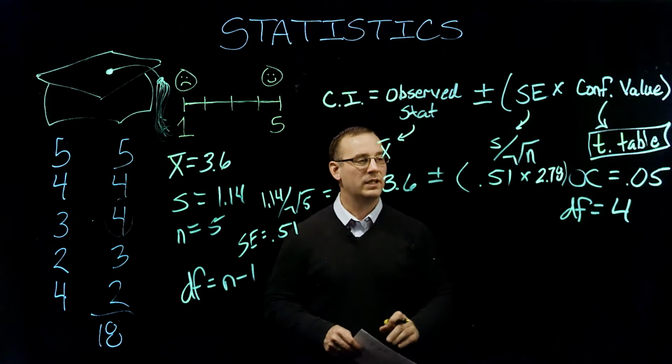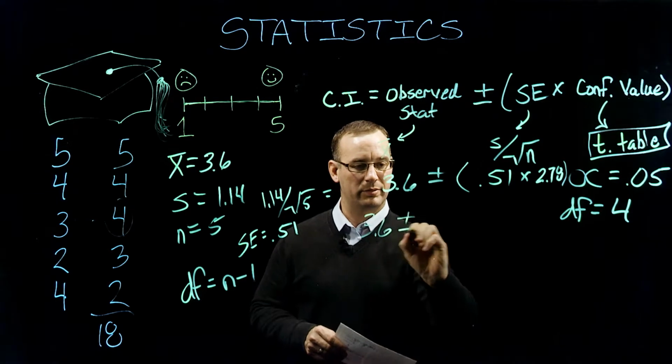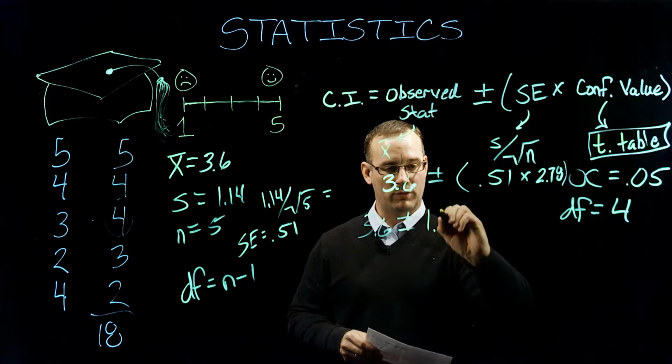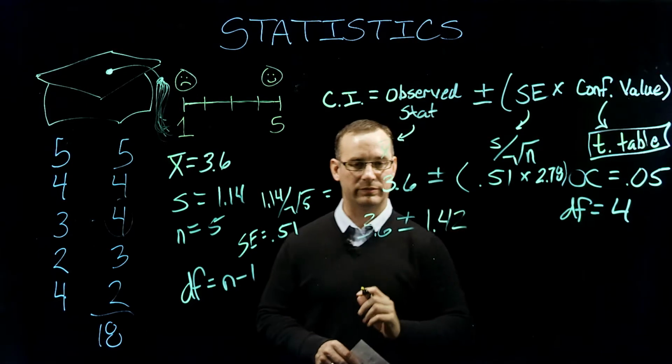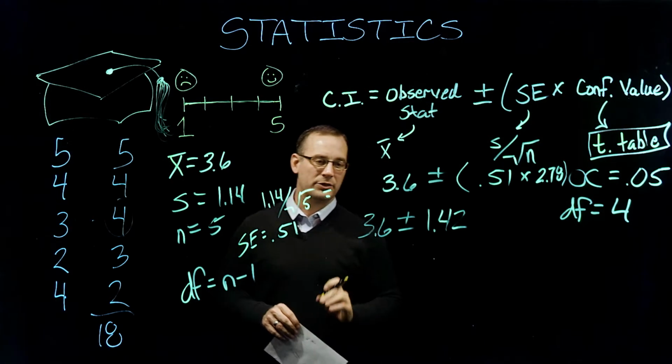So as we work this out, we get 3.6 plus or minus 1.42. What does this value tell us?